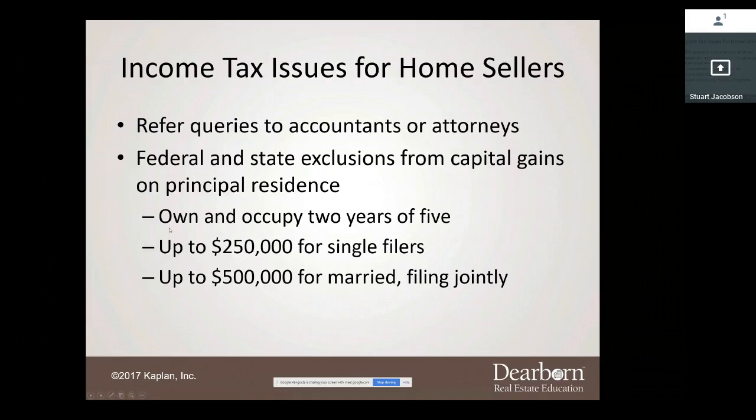So if you qualify, you own and occupy it for 2 years out of the last five prior to selling, you can exclude in capital gains taxes up to $250,000 for a single filer, or $500,000 for married filing jointly. And that is real estate taxes, everybody.